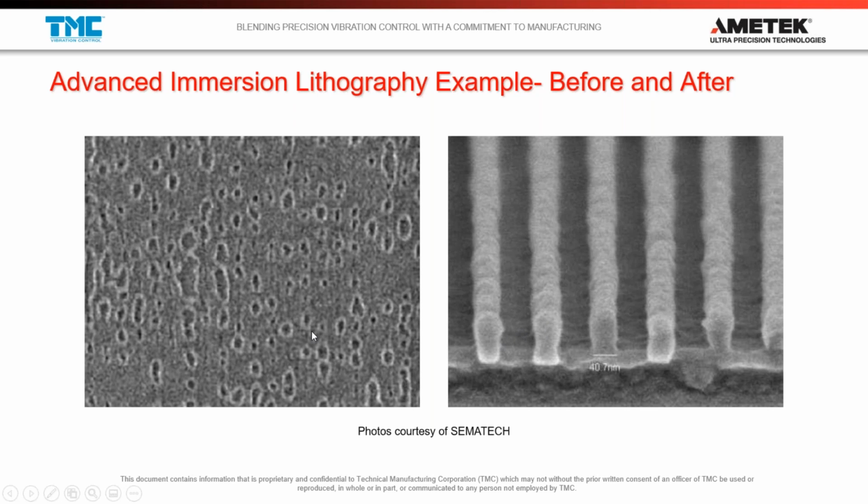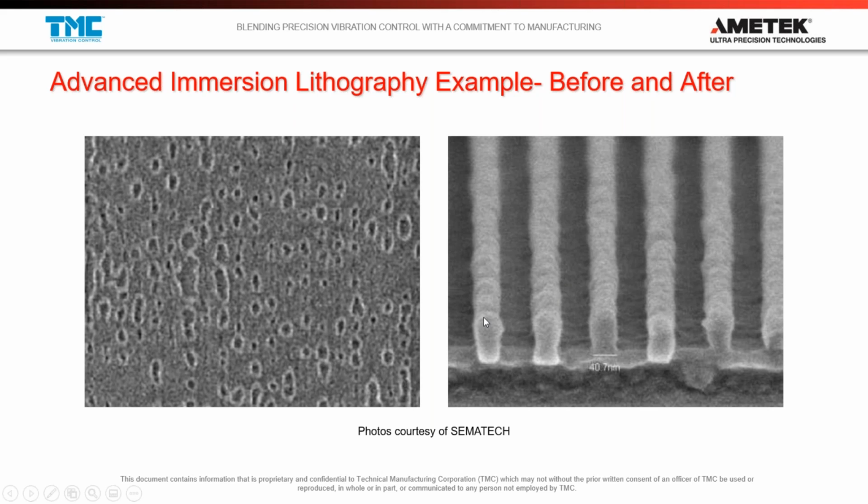You run the lithography equipment, you get the test pattern, you put it under a scanning electron microscope, and you see this mess. And once you isolate that system on a serial type piezo cancellation system, you run it again, you get this pattern, you put it on a scanning electron microscope, and this is the image that you get.